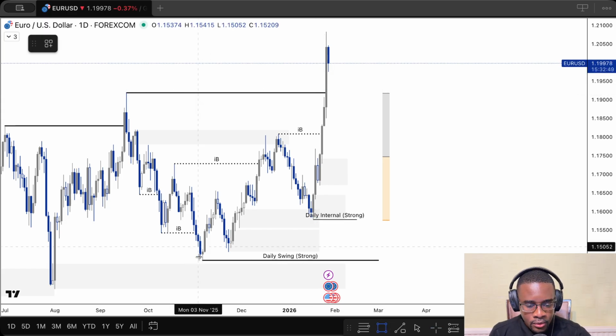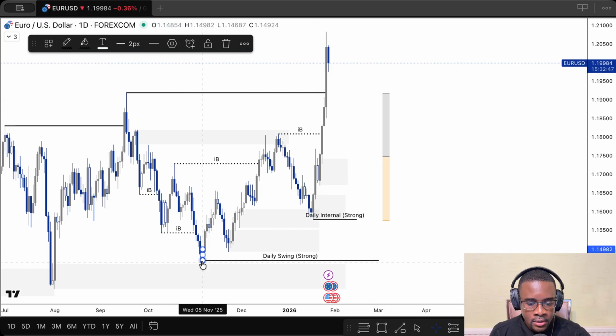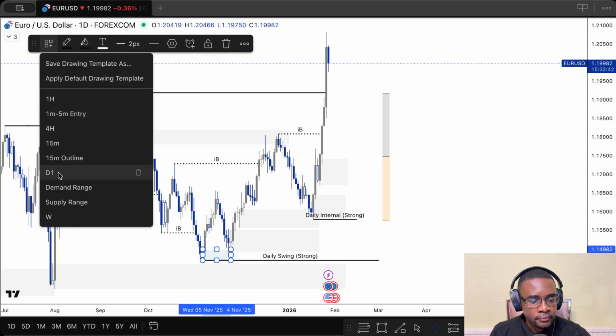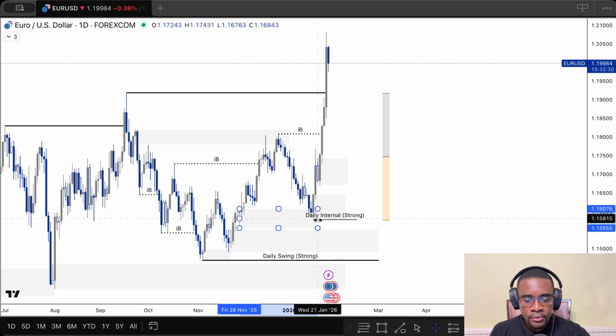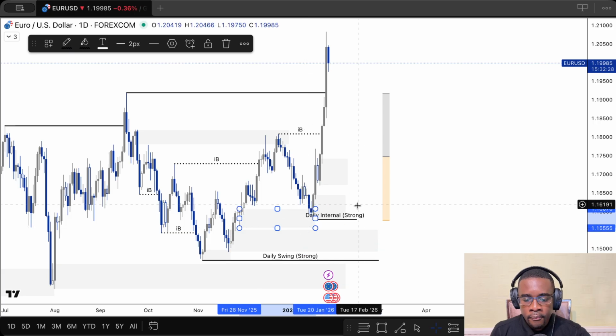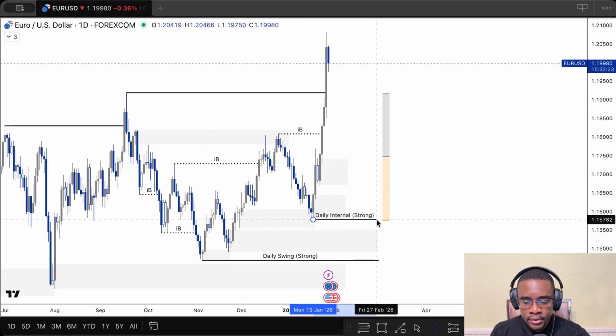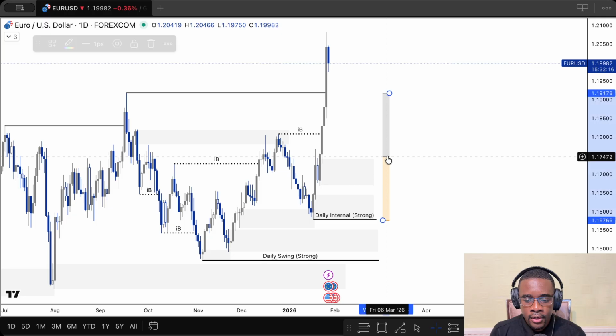Obviously this is mitigated. We could argue that's a little bit of mitigation right there, but largely it's still fresh. And our daily internal still remains in the same place, and this is what we have at the moment.